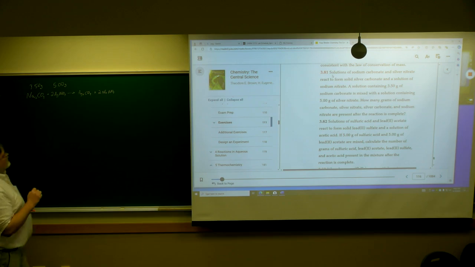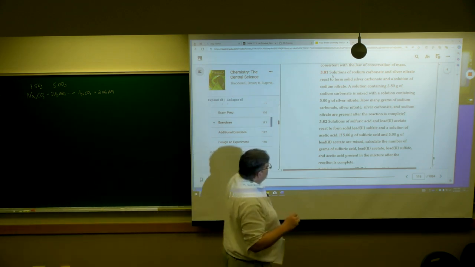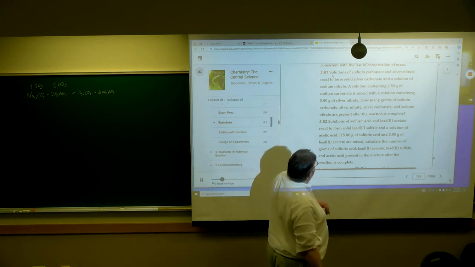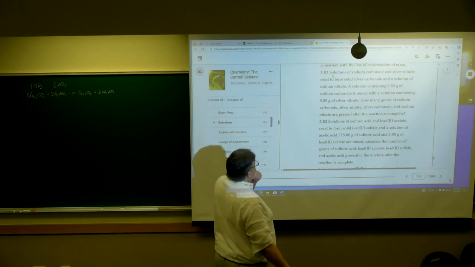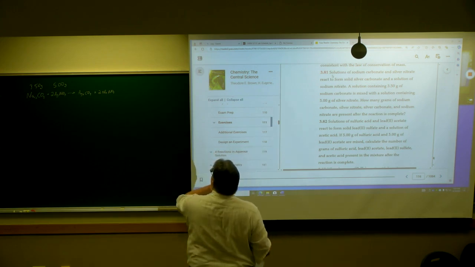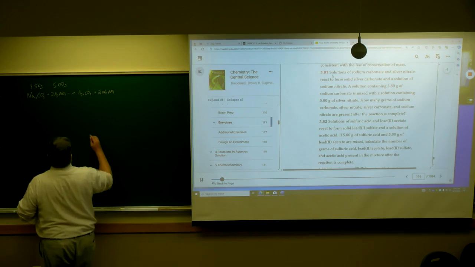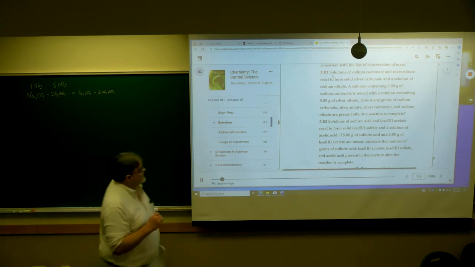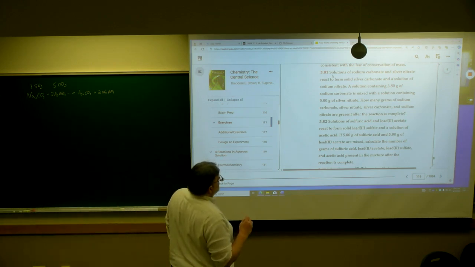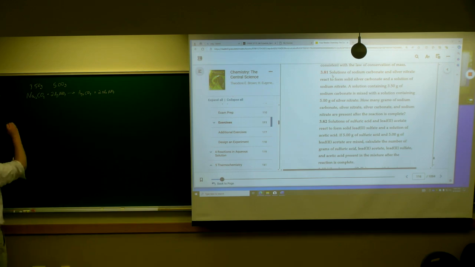All right, and we're being asked to calculate. I won't ask you about the leftover reactants. Sodium carbonate, silver nitrate. So we're going to need those too. So now, silver nitrate. 2 of those.